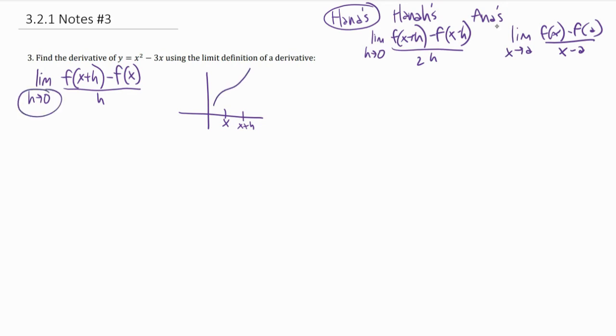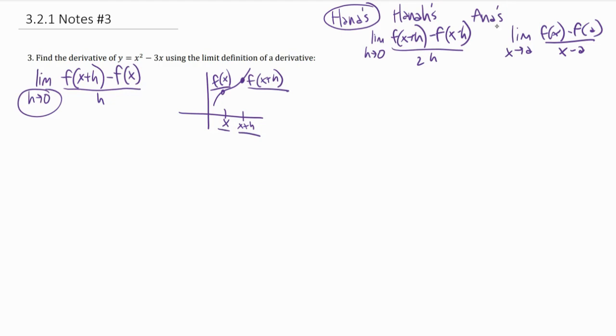This has a height of f of x, and this a height of f of x plus h. So if you use the slope formula, you get f of x plus h minus f of x over x plus h minus x. Your x's cancel in the denominator, so you just have h.